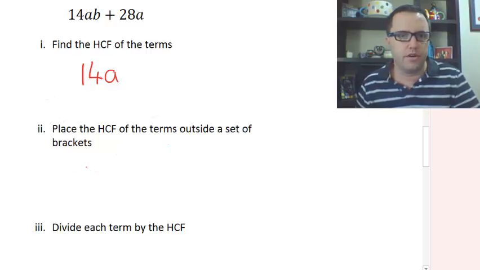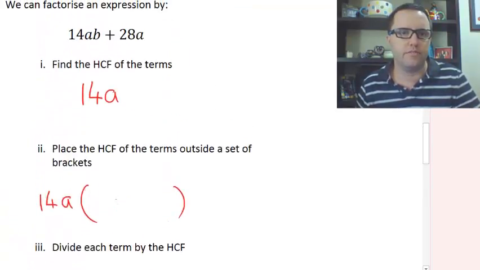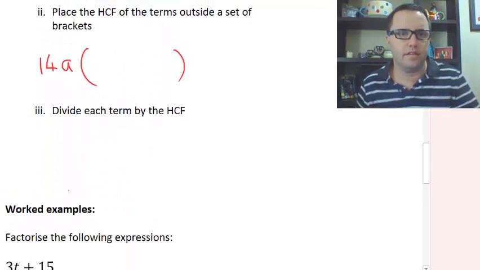So we write ourselves some brackets here, with 14a outside. Then we divide each term by the highest common factor.